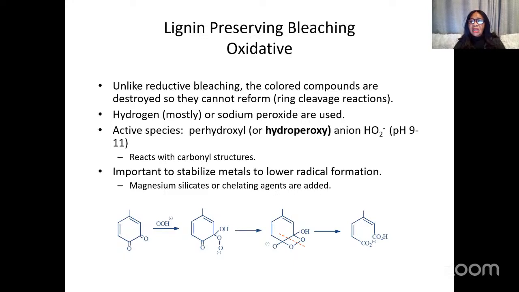You can see the bond broken completely there, forming a new compound that cannot react back to form the chromophore. So it's this ring cleavage reaction that is employed in oxidative bleaching.